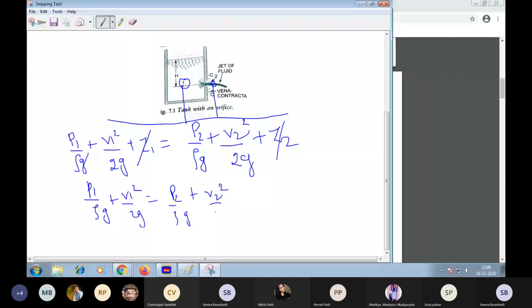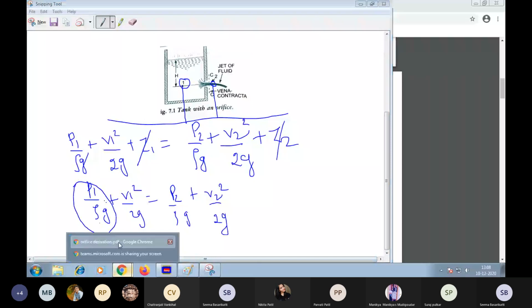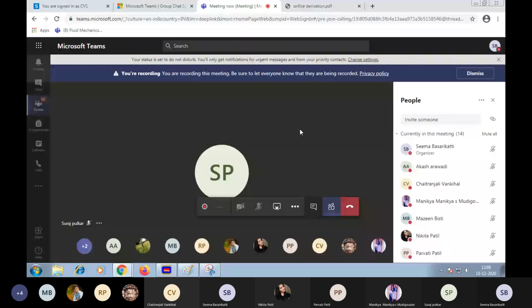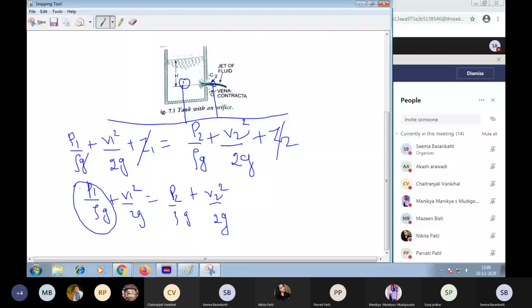Now what is P1 by rho g? Can anybody tell me what P1 by rho g is here? Yes, it is H. P is equal to rho g H, so H is equal to P divided by rho g. What is this H? It is head.